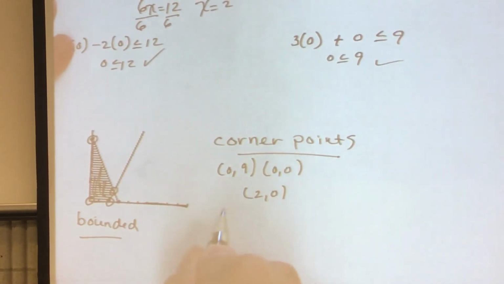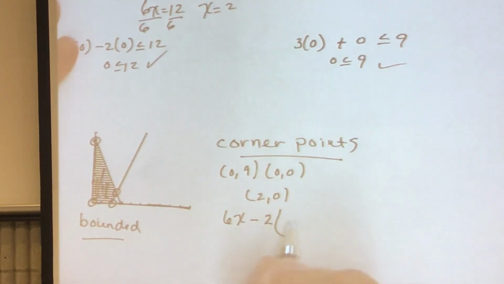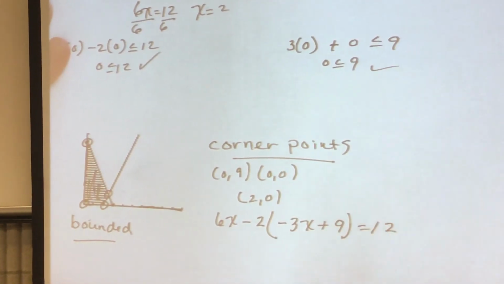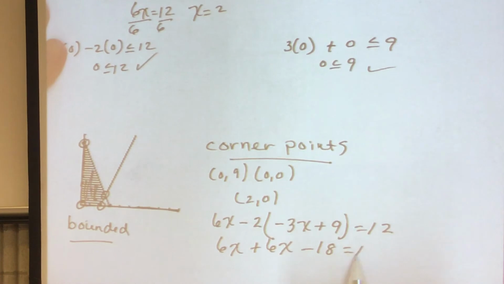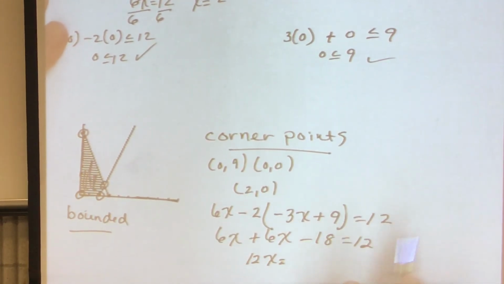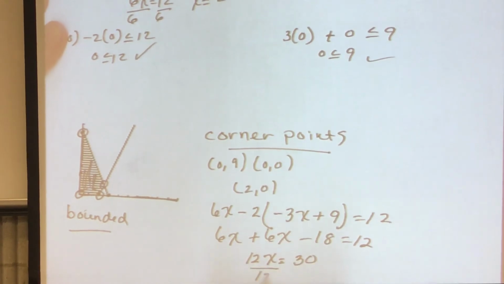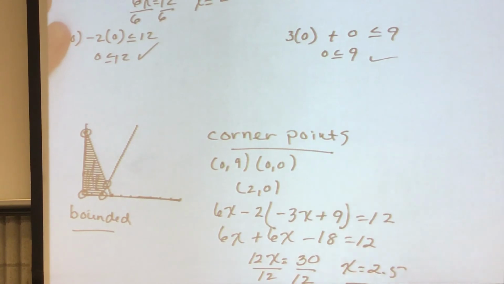So I have 6x minus 2 times y, and the y is negative 3x plus 9, is equal to 12. So 6x plus 6x minus 18 is equal to 12. Now combining like terms, the 6 and the 6 is the 12x. Adding 18 to the other side, 18 plus 12 is 30. Divide by 12. x is equal to 2.5.